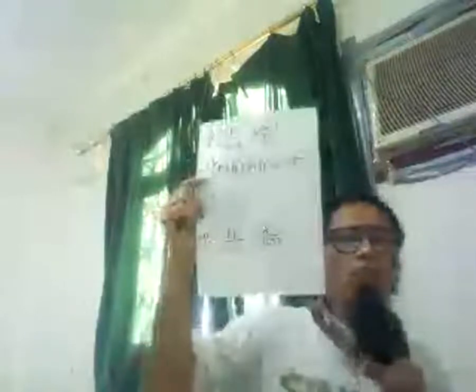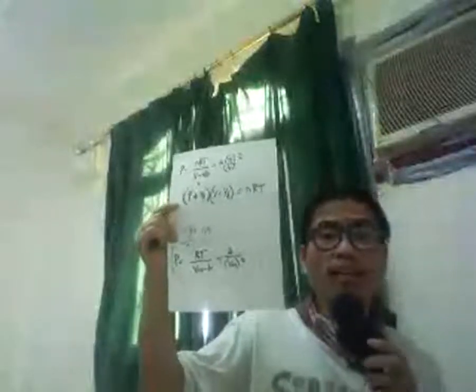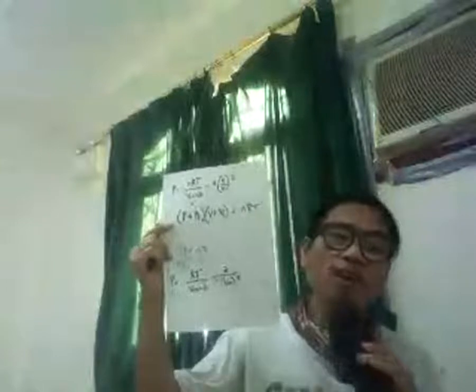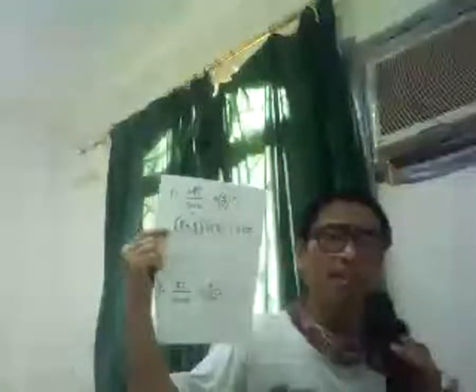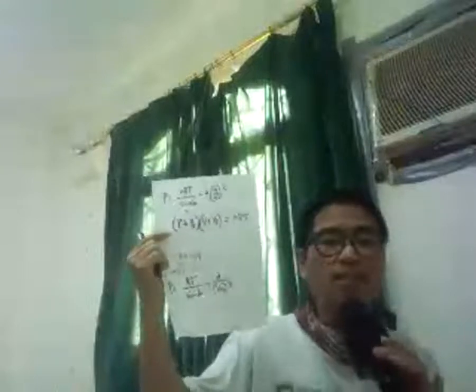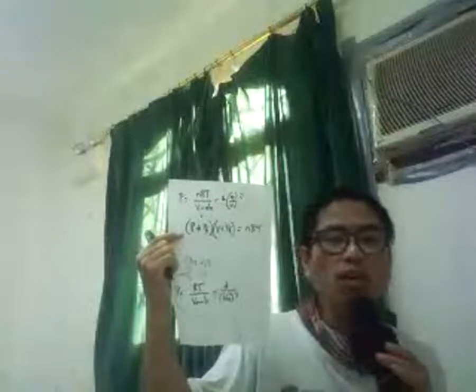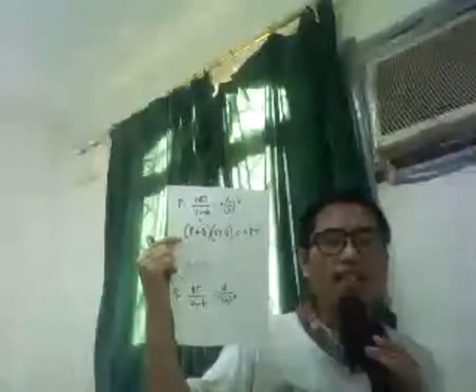Now, you can also classify this one because we now have Vm, which is the molar volume. If the problem does not state the molar volume, use the original equation of van der Waals. But if there is a molar volume in a chemical reaction, use this number 2. You have to analyze.